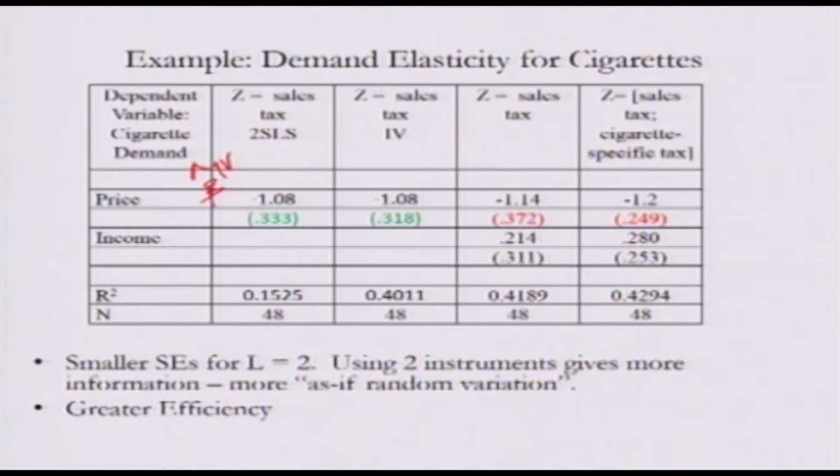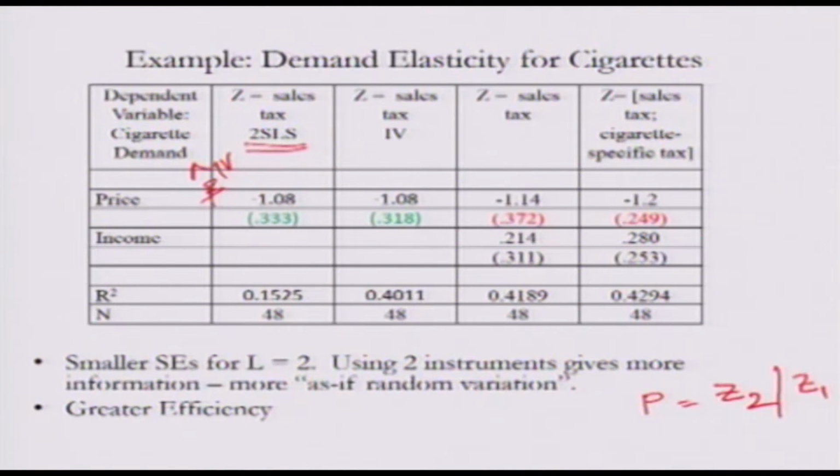In the first column, you are estimating beta hat IV, but remember that in this case we are using 2SLS, which means that we are using the manual 2SLS estimation, where in the first step you are estimating the prices, which is X, using any one of the IVs that we have, one of the taxes. Let us say we are using Z2, the cigarette specific tax, or Z1, the sales tax.